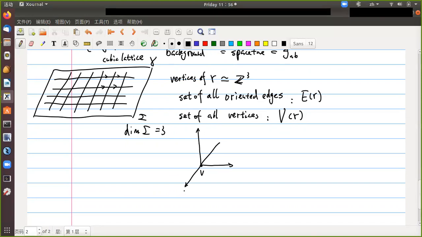This is the first x1 direction, this is the x2 direction, this is the x3 direction, and all the edges are oriented toward their positive direction. So these edges point this way as well.